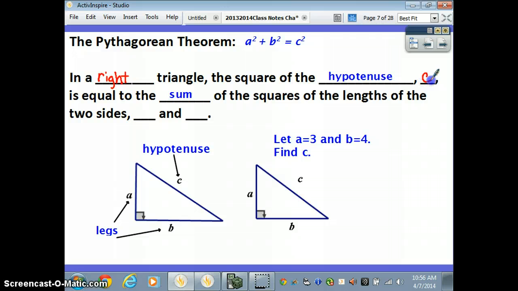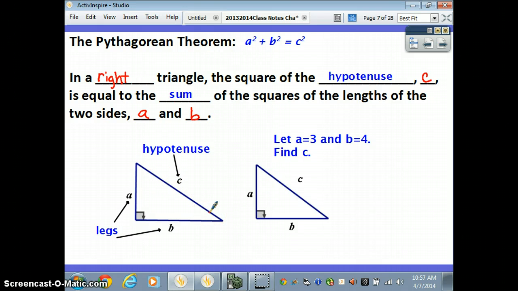The C squared is equal to the sum of the squares of the lengths of the two sides A and B. So A squared, and then the sum means add, B squared, the two legs, equals the hypotenuse squared, the longest side. When I say legs, I'm talking about the shorter sides, and C is the hypotenuse.